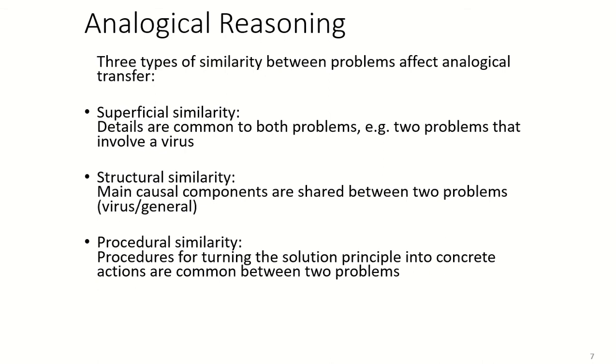Now the last one, the deepest one and the most useful one, is if there's also procedural similarity. If the way in which we have solved a known problem is similar to the way we can solve the new problem in terms of the procedures that we need to apply, then we actually have a very good analogy and it will help us solve the next problem that we're dealing with.